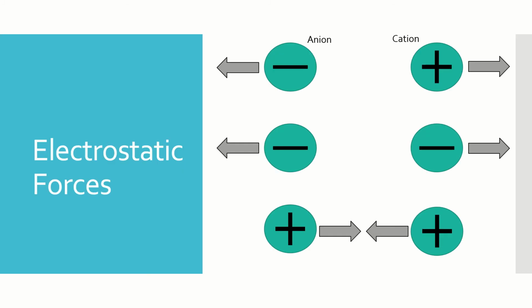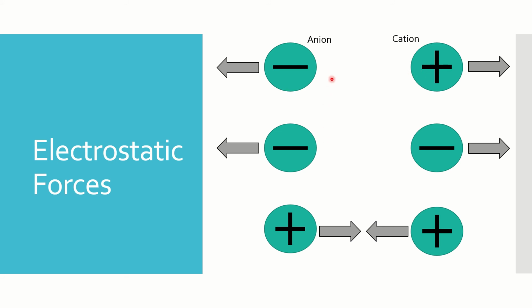But it's not just concentration gradients that affect the way that ions move. Because we have two different types of ions, they affect each other differently. So we start here with a negatively charged ion. We call these anions. We also have positively charged ions. These are cations. And if you're a chemistry buff, you know that anions and cations tend to form compounds together.